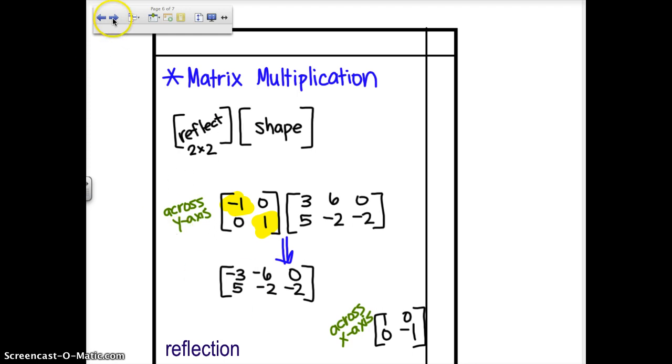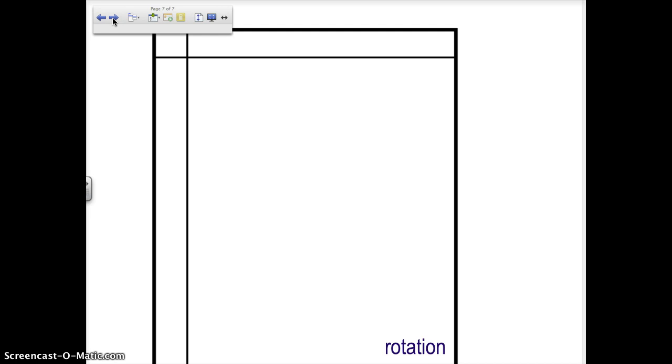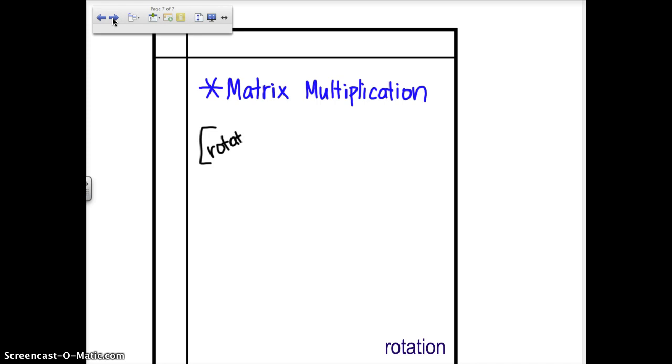The last one's a little bit different because there's not a specific matrix that you're going to use. The rotation matrix will be given to you, but you're still going to use multiplication. You're going to be given a rotation matrix.